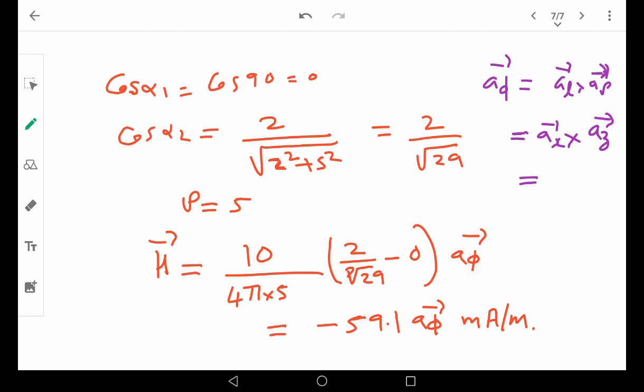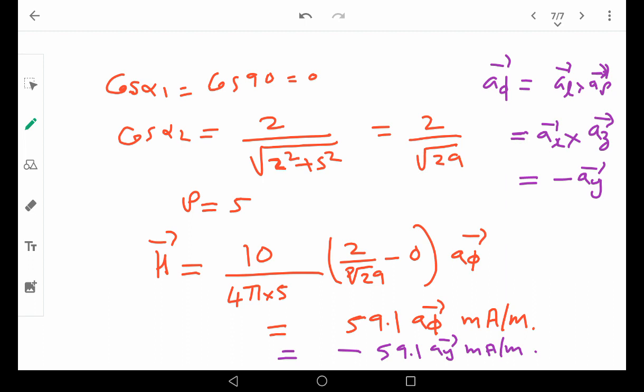So it will be AX cross AZ equal to minus AY. So it will become minus 59.1 AY milliamperes per meter. That's the solution for this particular question.